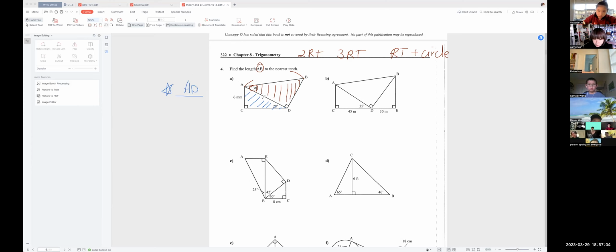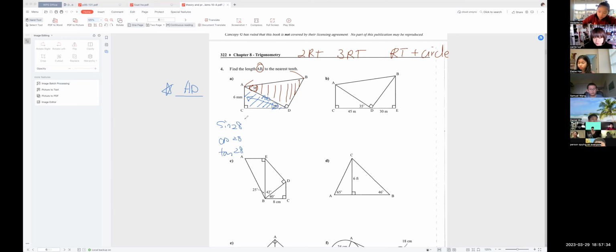Okay, so AD for triangle ACD is what line? Can you tell me? Very good. Hypotenuse of ACD. Good job. So we know AC is opposite the 28 degree angle. So are we going to use sine, cosine, or tangent of 28?